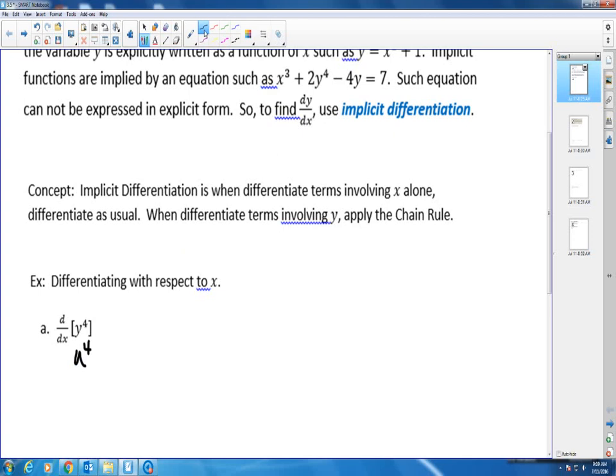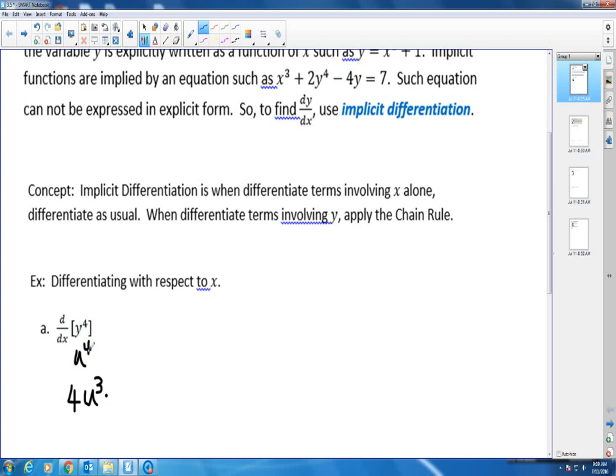When we use the power rule, we're using the chain rule: the derivative of the outside, which using the power rule will be 4, times the inside, with the exponent dropping by 1, so that would be a 3 right there, times the derivative of the inside.